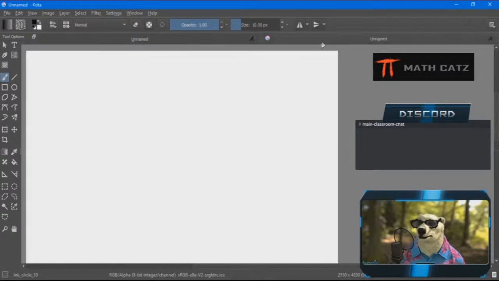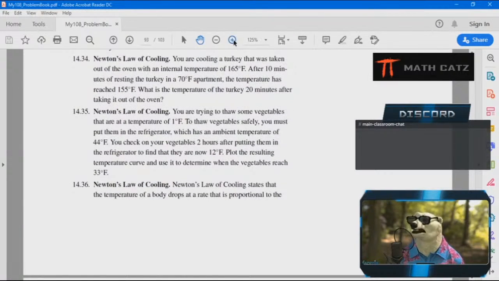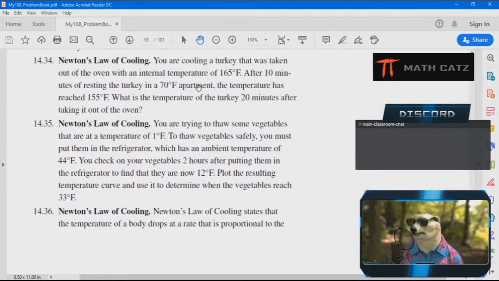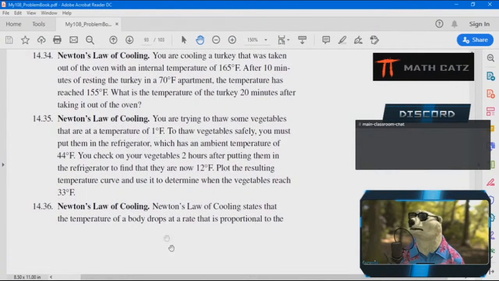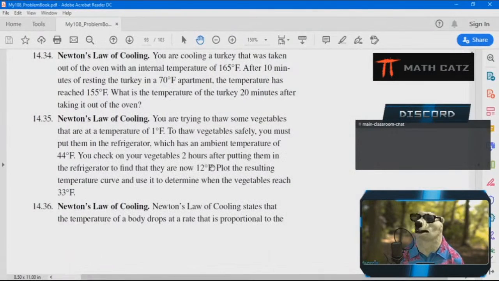All right. So let's have a look at number 34 here. Let's do it over there. 1434. You are cooling a turkey that was taken out of the oven with an internal temperature of 165 degrees. After 10 minutes of resting the turkey in a 70-degree apartment, the temperature has reached 155.